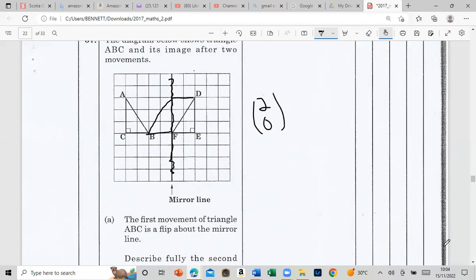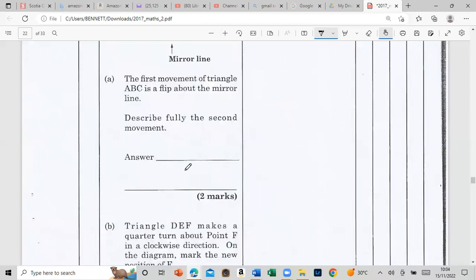I'm not so sure about this, you know, guys. So I'm going with a translation of 2, 0 being the second one, assuming when they say they flip about the origin, they mean about the mirror line.